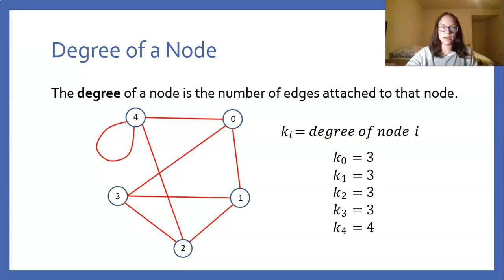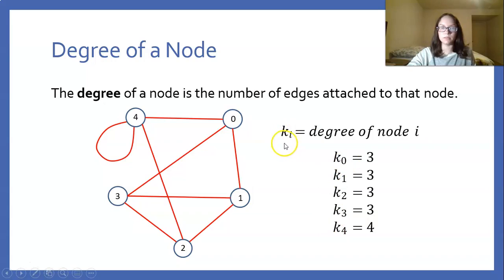Okay, so now we come to another important property of graphs, or terminology that you should know, which is the degree of a node. The degree of a node is the number of edges attached to that node. We'll look at the example right here.